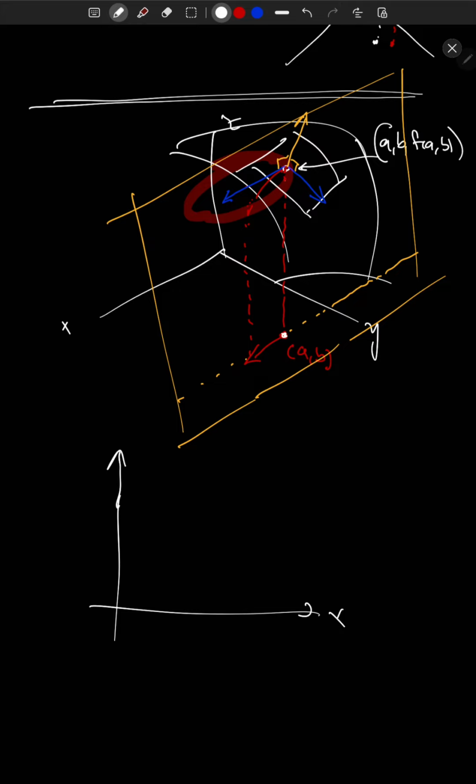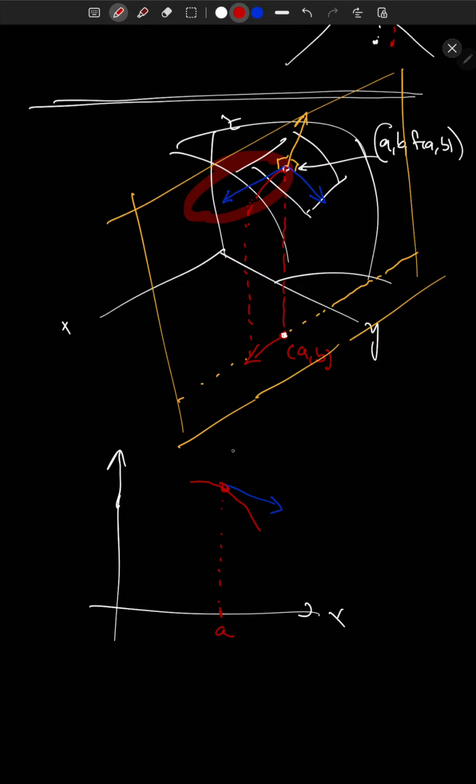That blue arrow is going to look something perhaps like that. The graph of my function is going to look something like that. And down here, my point of interest is going to be at x equals a. And again, y is fixed at b.